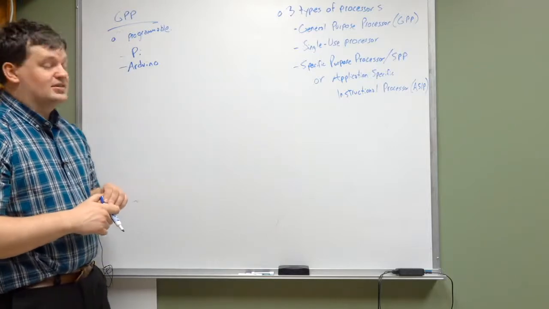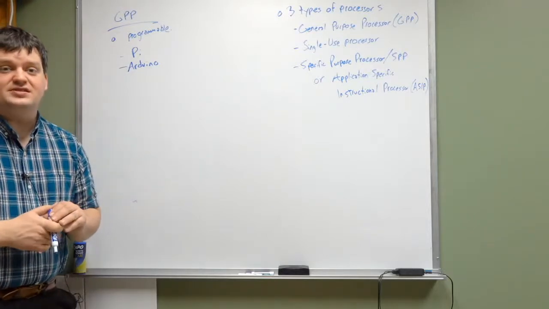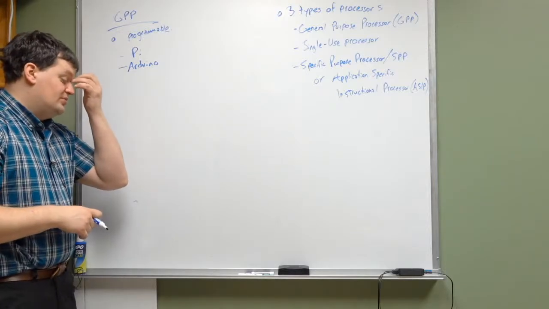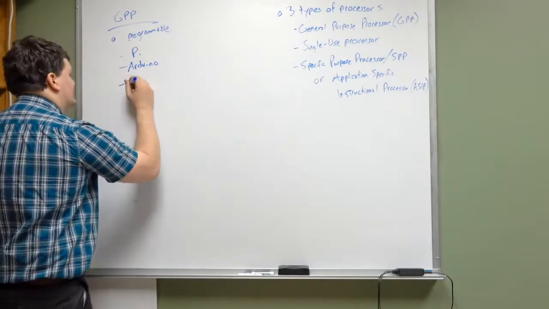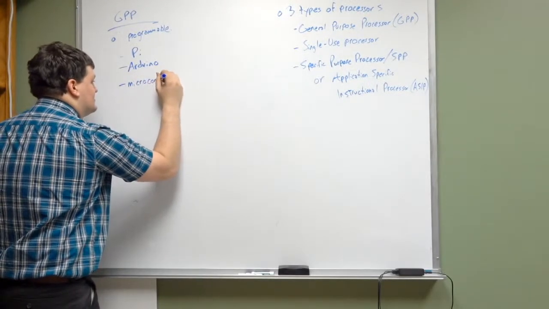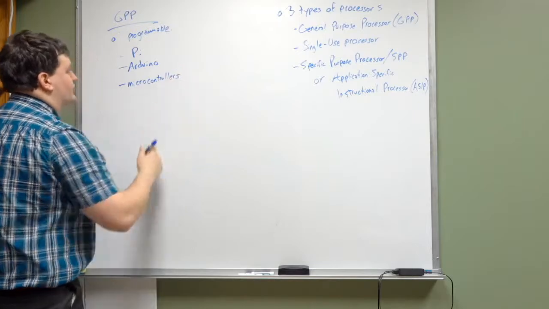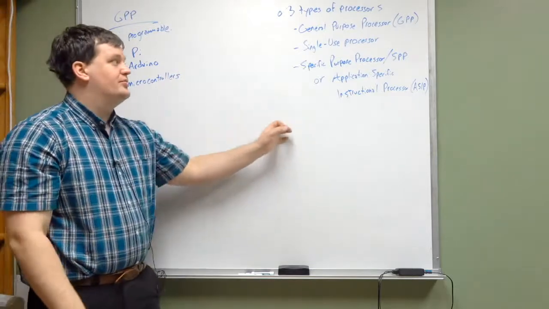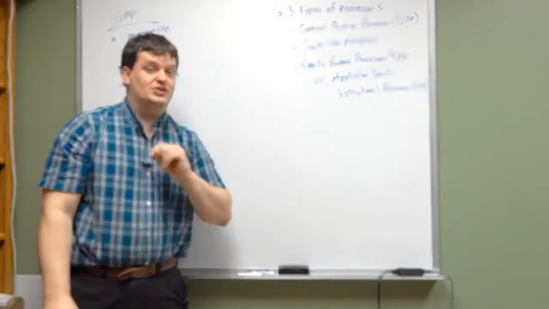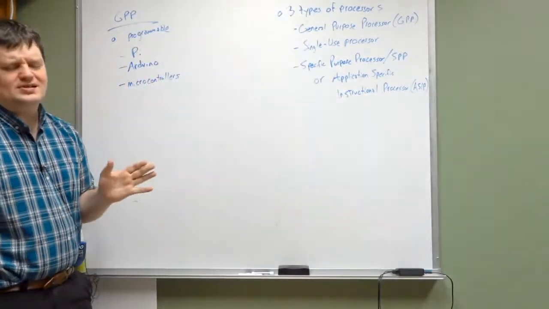I could sit here and list 10,000 different types of microcontrollers, but really, microcontrollers themselves have to be programmed by the end user. They aren't specific, like, ooh, this Raspberry Pi is just for motors. Like, no, it's not.